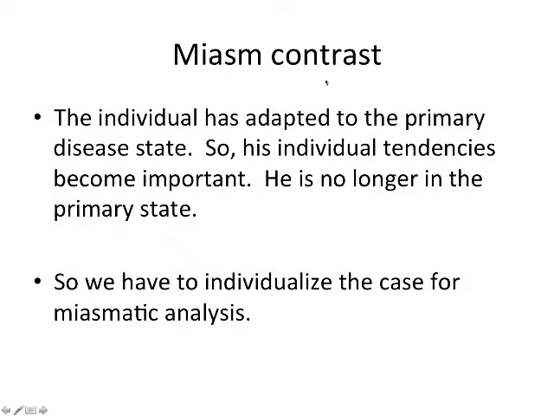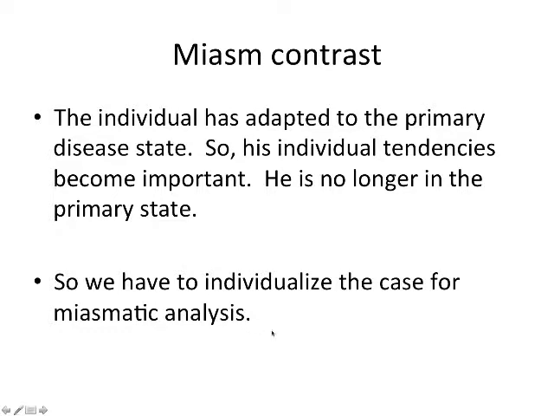The miasm contrast: the individual has adapted to the primary disease state, so his individual tendencies become important because this adaptation means that it's the special way that he has to adapt. And he is no longer in the primary disease state. So we have to individualize the case for miasmatic analysis.